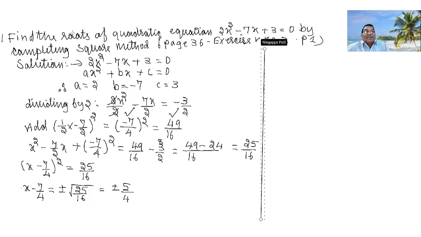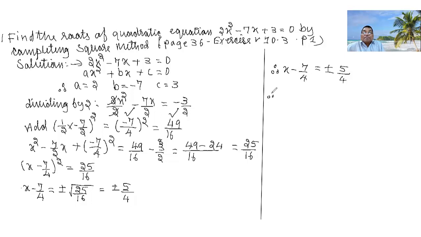So x minus 7 upon 4 equal to plus or minus 5 by 4. The x value we want, so you transfer minus 7 upon 4 to the other side.